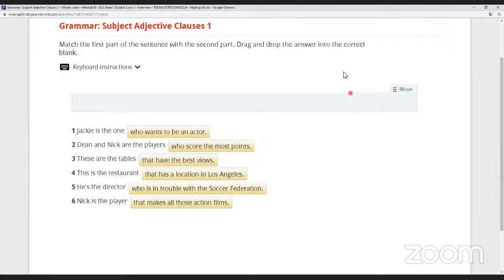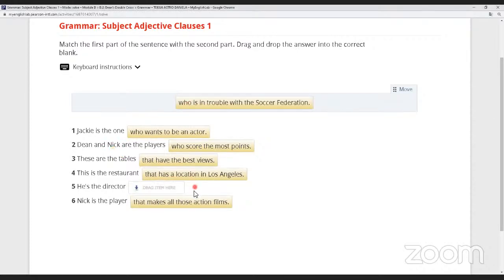Yes, the fight for the six. The Nick is the what, sorry? Nick is the player who is in trouble with the soccer federation.